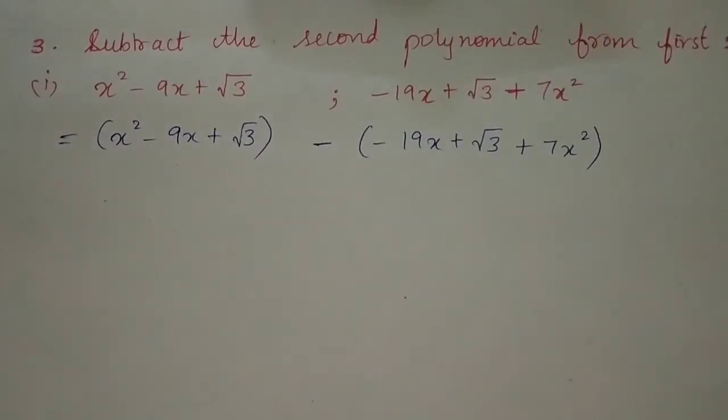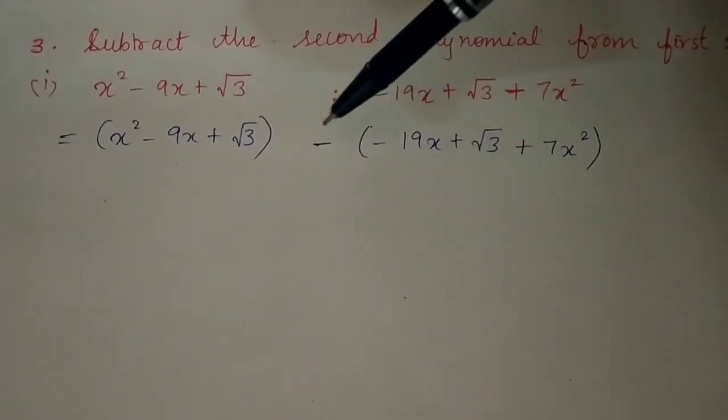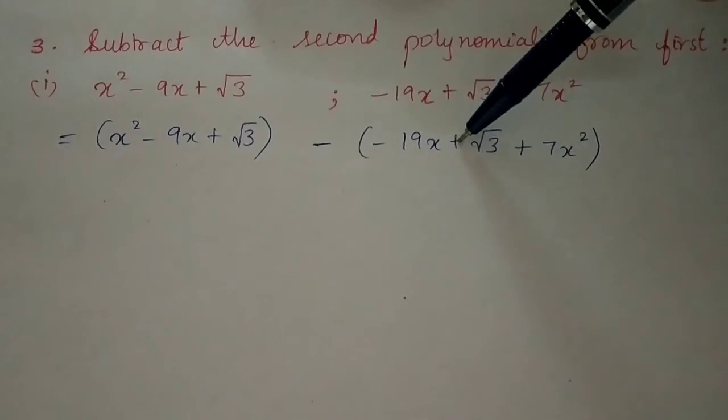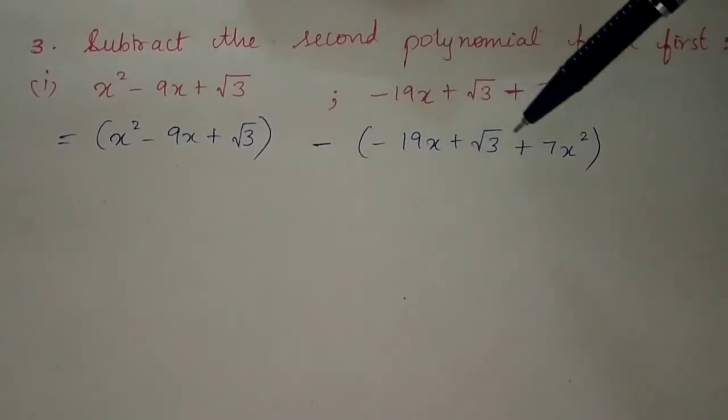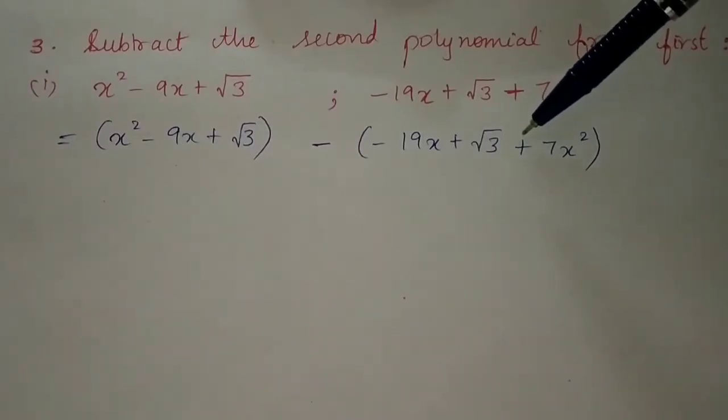Now the next step will be removing the brackets, but here there will be slight changes. Now x square plus 9x plus root 3 will remain as it is, but since there is a minus sign outside the bracket, because of this minus, this will become plus, this will become minus, and this will become minus. All the signs which are there in the brackets will turn to the opposite side.